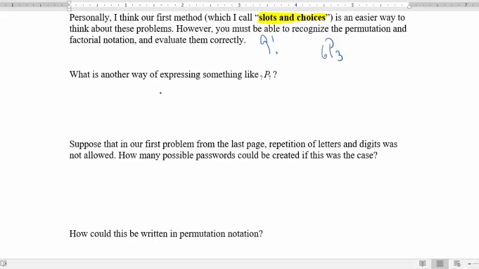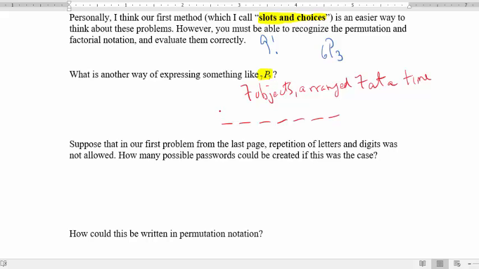So if we had something like 7p7, if you think about what we said before, what is this really equivalent to? A way to think about this is it's 7 objects arranged 7 at a time. Well, if I'm really arranging all 7 objects, that means I would have 7 slots.